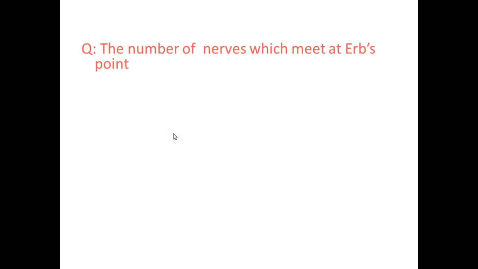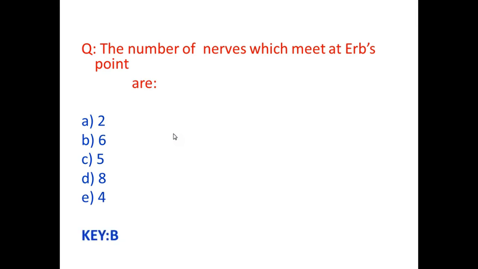Then, the number of nerves which meet at Erb's point, it means the nerves emerging from Erb's point, how many nerves are there? They are 6 in number. You can count over there.